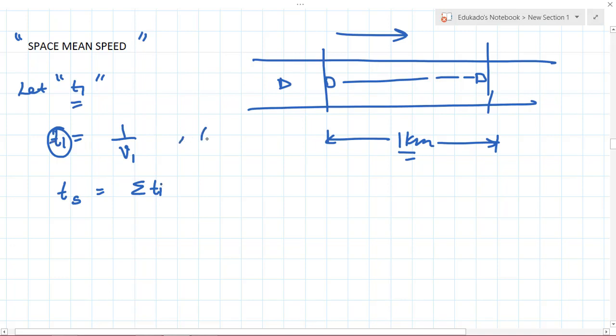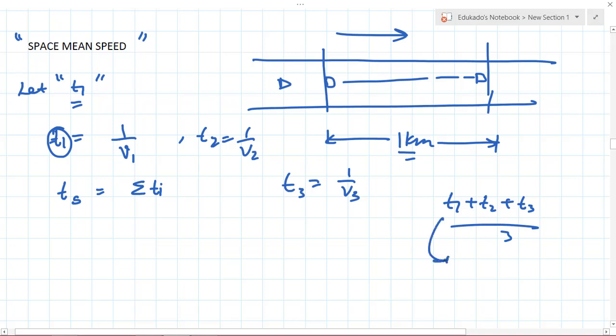For the second vehicle, T2 equals 1 upon V2. For the third vehicle, T3 equals 1 upon V3. If I average everything out, it will be T1 plus T2 plus T3 divided by 3. For n number of vehicles, I can write it as sigma of Ti divided by n. That's what I'm trying to write over here.